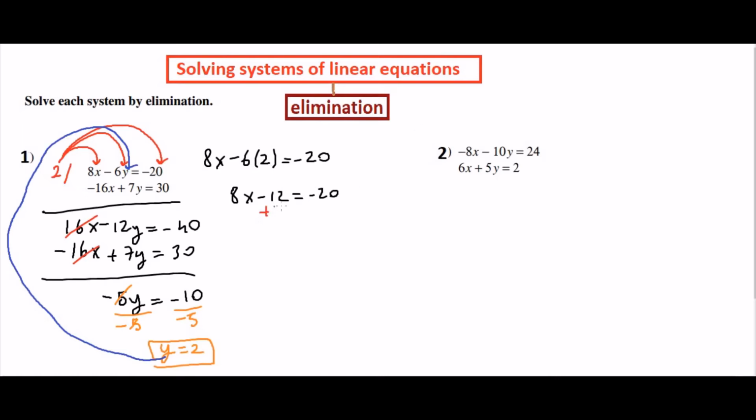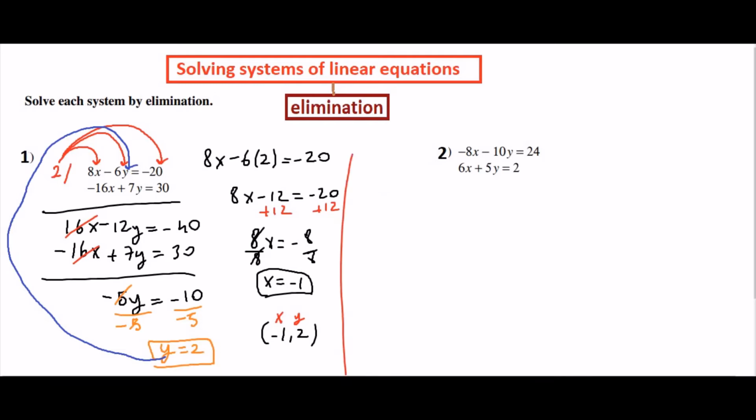Now I'm adding 12 on both sides. Then I have 8x equals negative 8. So x will be equal to, dividing both sides by 8, negative 1. So the solution is negative 1 comma 2, which is x value negative 1 and y value 2.